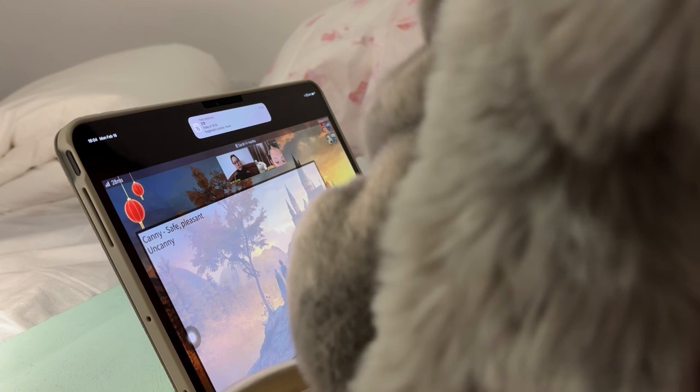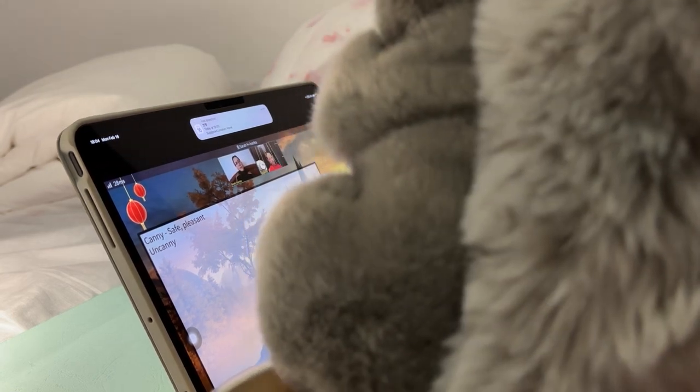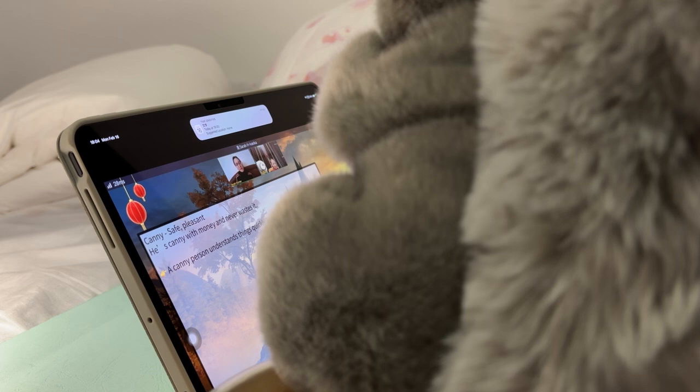Imagine if someone is canny, they're clever in a practical way. If you have good instincts, I can say she's very canny. Okay. I can give you this example. So it can mean safe and pleasant, but it can also mean this.